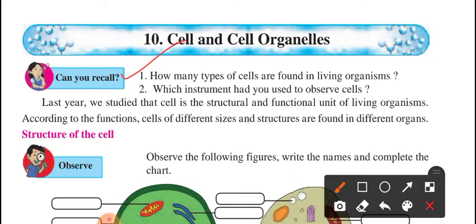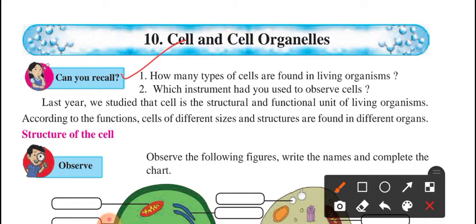If you count them, you won't be able to count them all. Their number is in billions and trillions, around 10 raised to the power of 13. You can imagine 13 zeros. These many cells are present in living organisms.